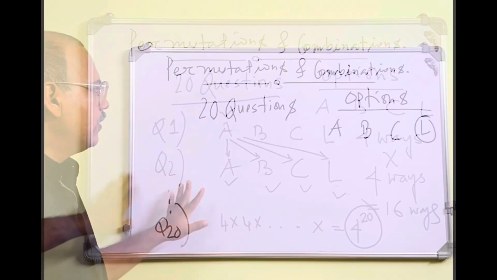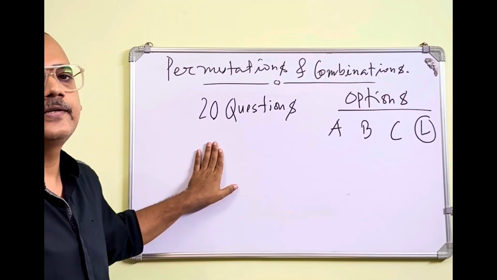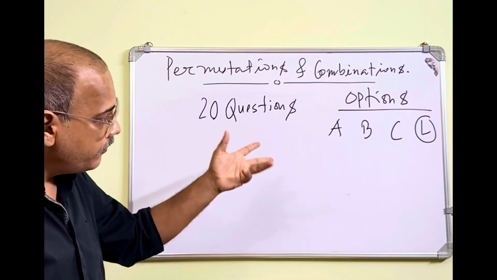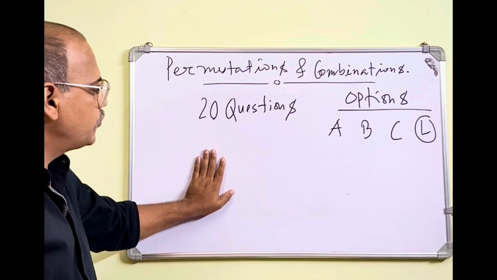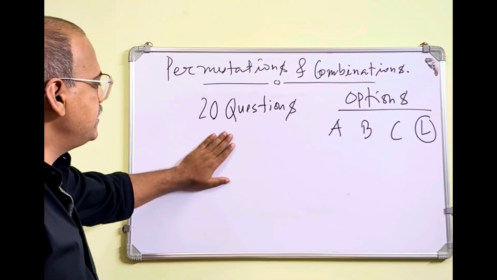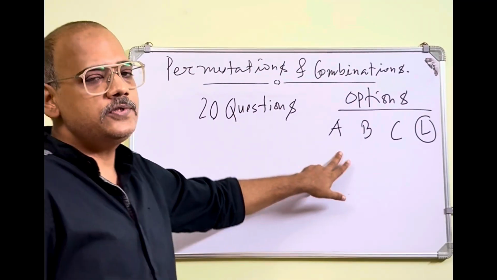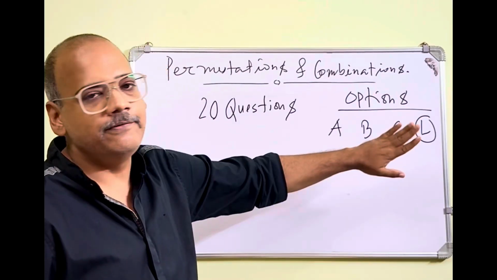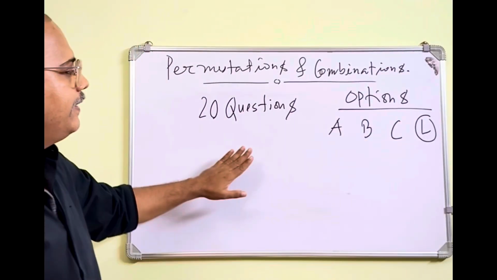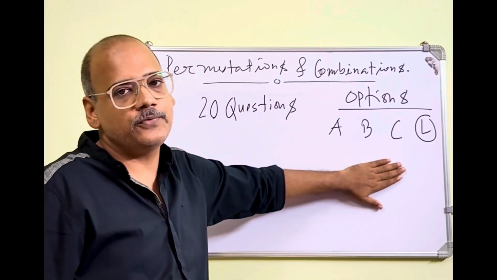Thank you. So let's solve similar sort of questions. We will tweak the previous question slightly. In our last question, there are 20 questions, and you could choose one of the three options, or you can leave. Instead of that, if the question is like you can choose any combination of the options.